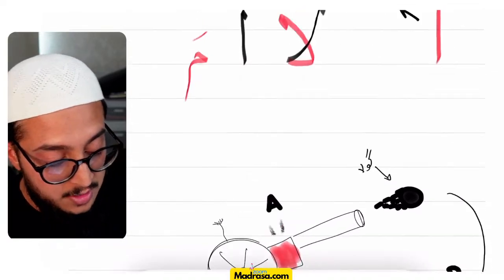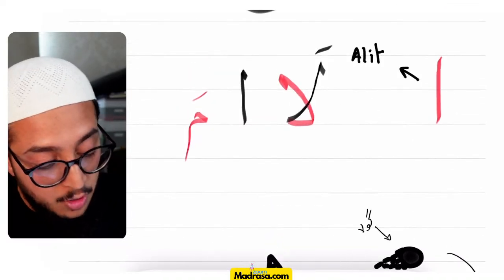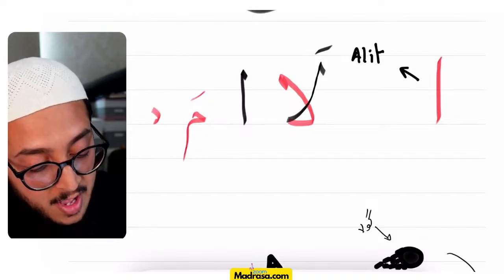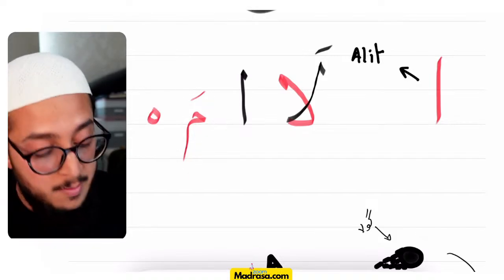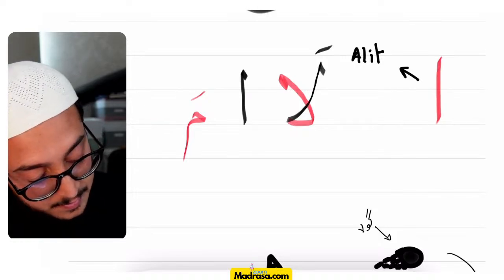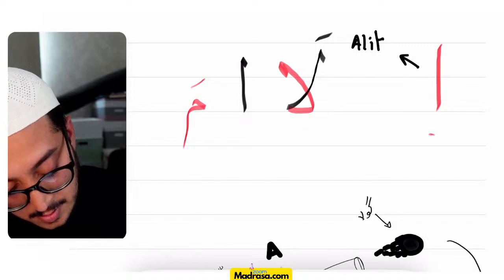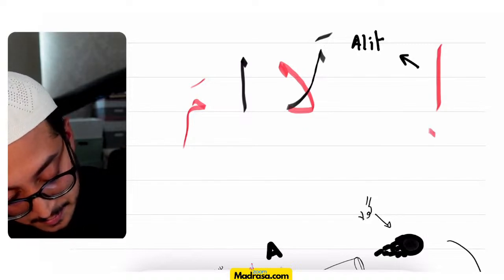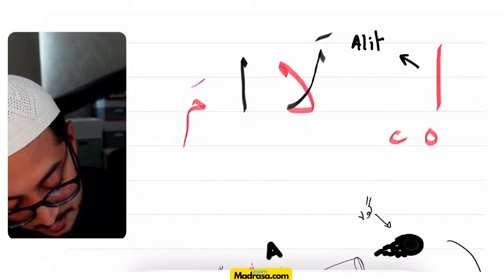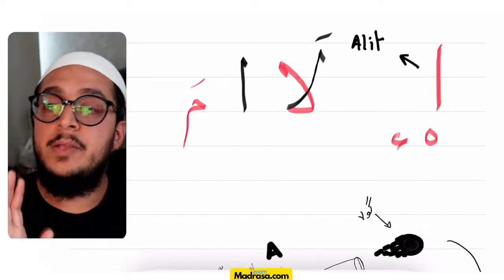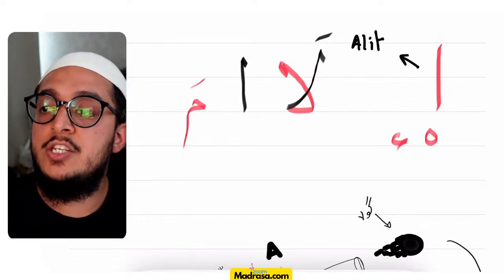Okay. So what else? These are the lonely letters, by the way. Lonely letters, yeah? We have ha and hamza. These two letters, today will be the day that you will fix the pronunciation of these two letters.